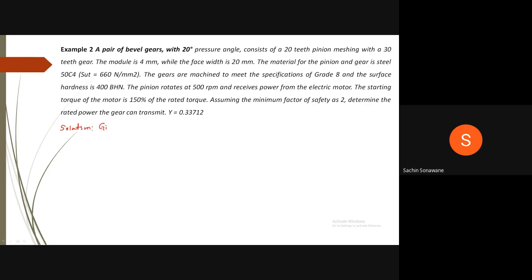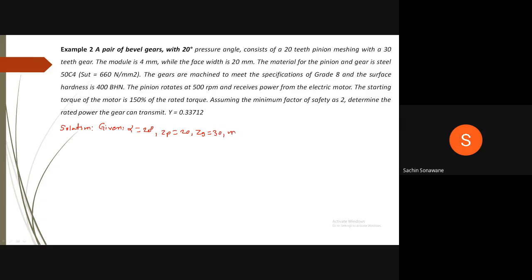Given data we will write. Pressure angle alpha is equal to 20 degree. Then number of teeth on pinion ZP is equal to 20, ZG is equal to 30.